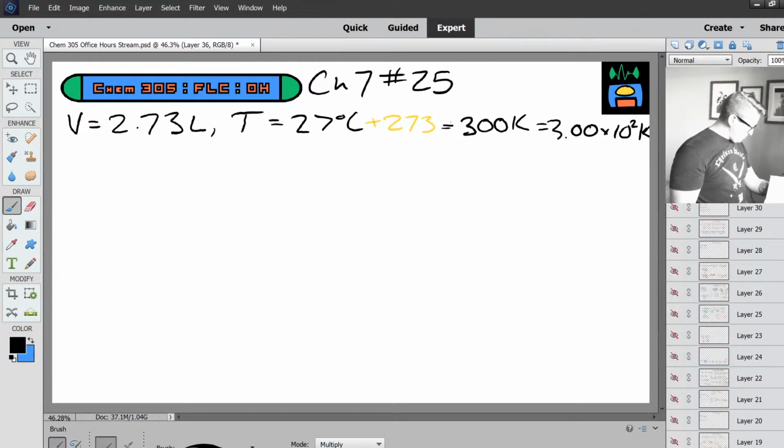What volume? So we're being asked to find the volume in liters. Will the gas occupy if the temperature is increased to 127?